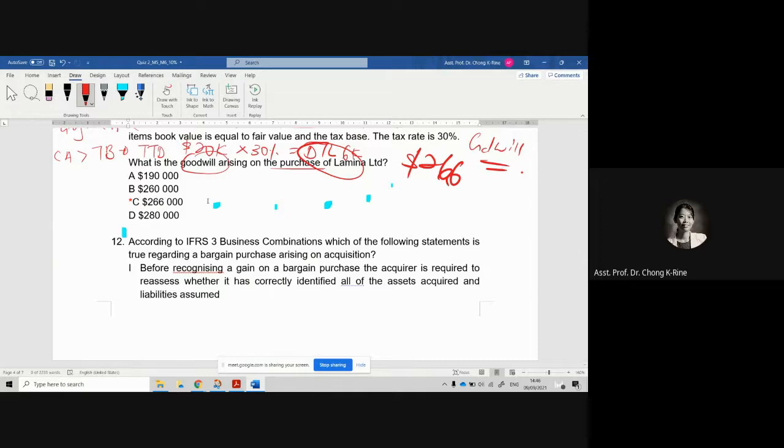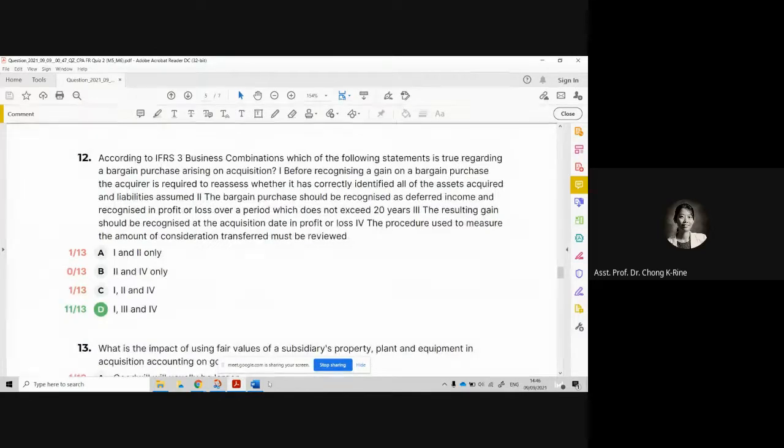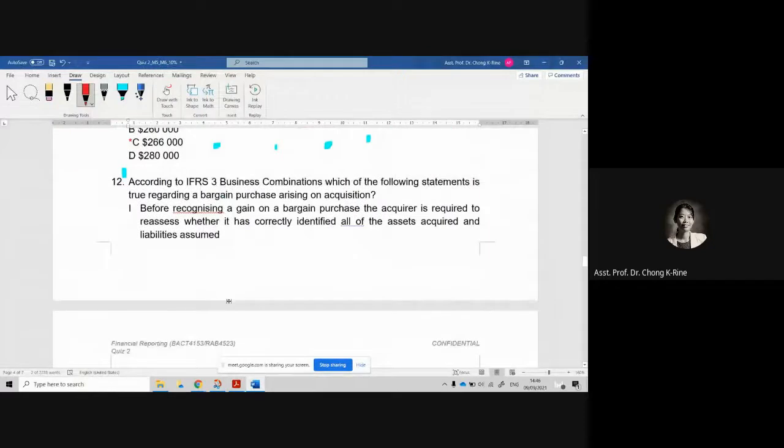So let's look at question number 12, conceptual question. Oh, 11 got correct, good. Now, what we are looking at is regarding bargain purchase. Remember, I think Jay asked this question: what if we pay less than that? I said it is a negative goodwill or bargain purchase, right?